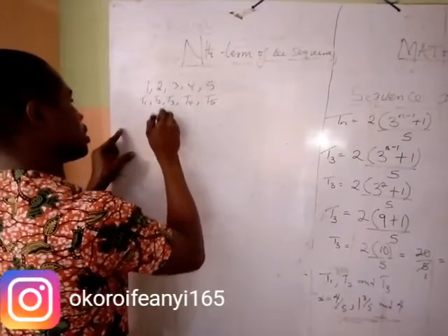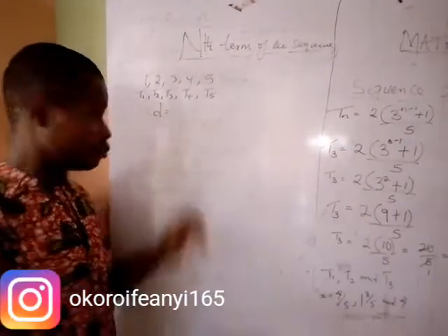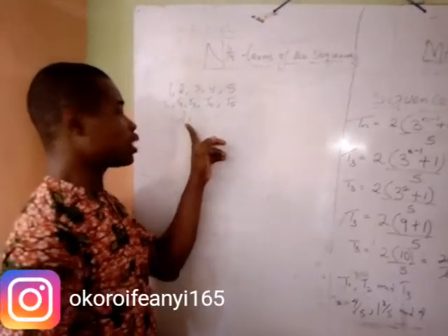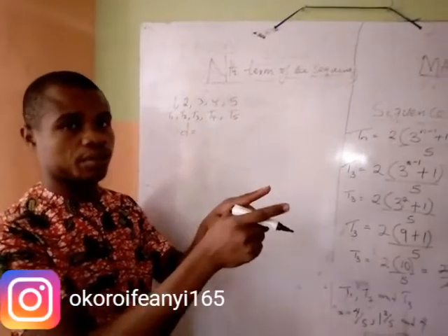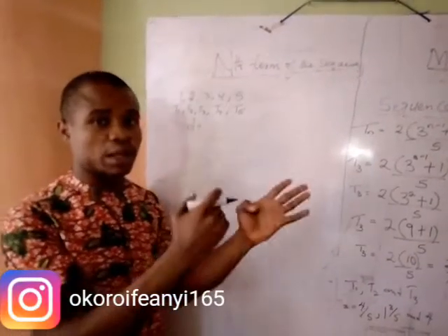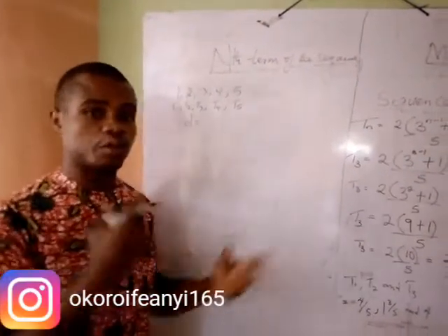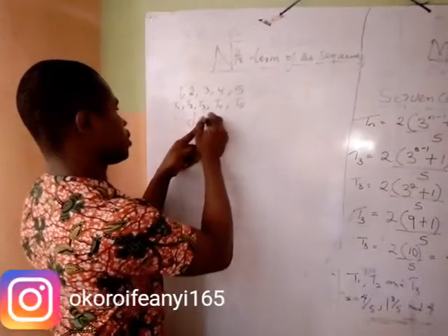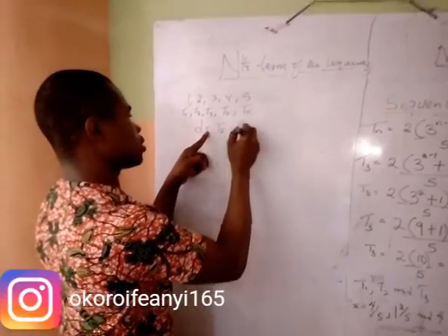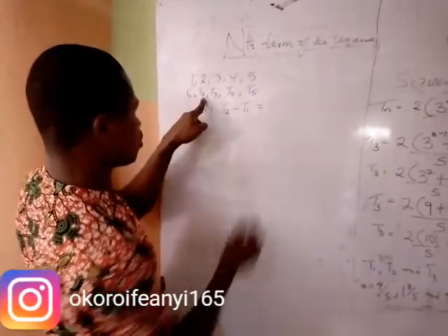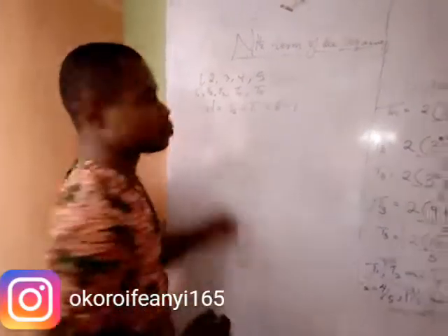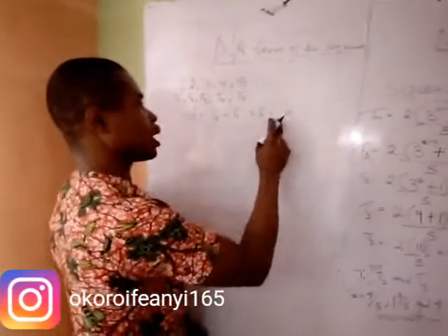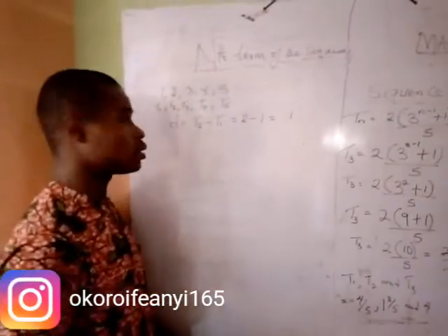Now, what is my difference? Difference here is D. How do you get a difference? By subtracting the successive smaller term from the successive bigger term. I have T2 minus T1. What is my T2? 2, minus what is my T1? 1. 2 minus 1 will give you 1.